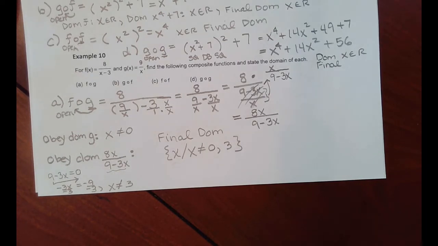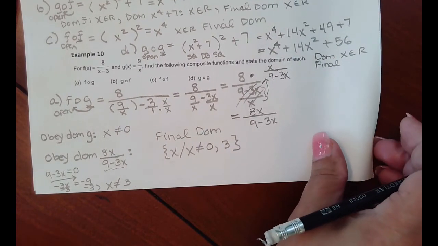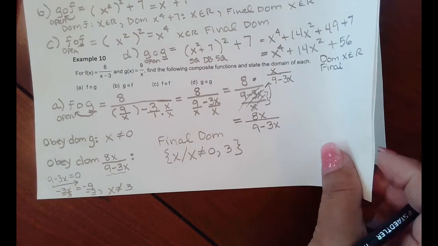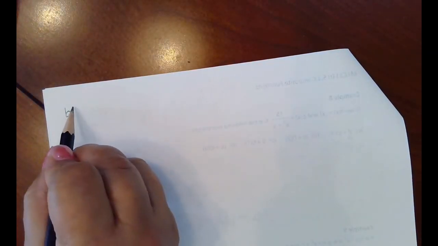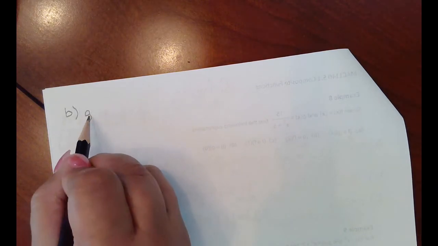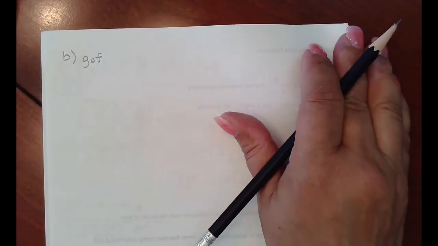Okay, now I've already run out of room here, so I'm going to have to do parts B through D on the opposite side. Okay, so here's B. We're doing G composed of F. I'll just put those functions up here at the top of the paper, so we can be looking at them as we do the problem.